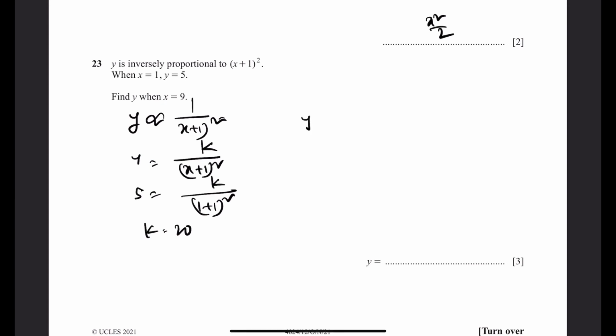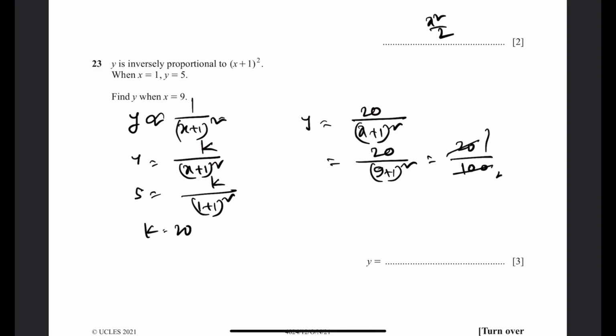So we can write y equals 20 by x plus 1 whole square. So x is now substituted by 9. That is 100. So we can write it as 1 by 5. So y equals 1 by 5.